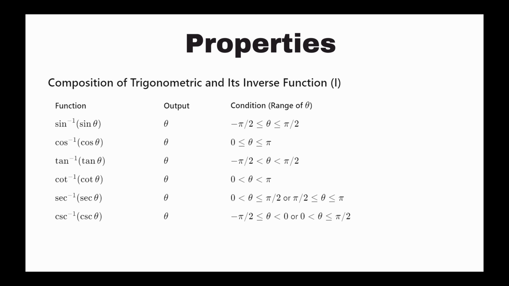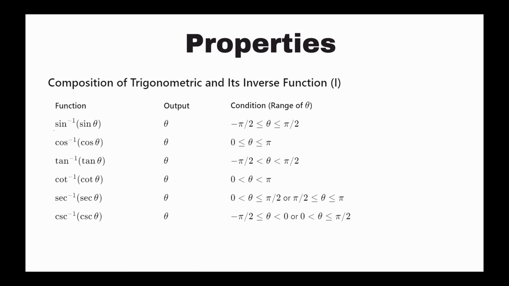Similarly, in inverse trigonometric functions, you would also be asked questions in that form. However, now you would have to remember the range as well, that is, up to where the property or the composition would lie.